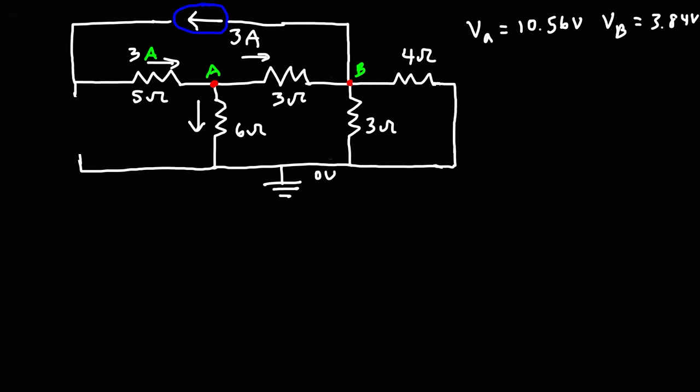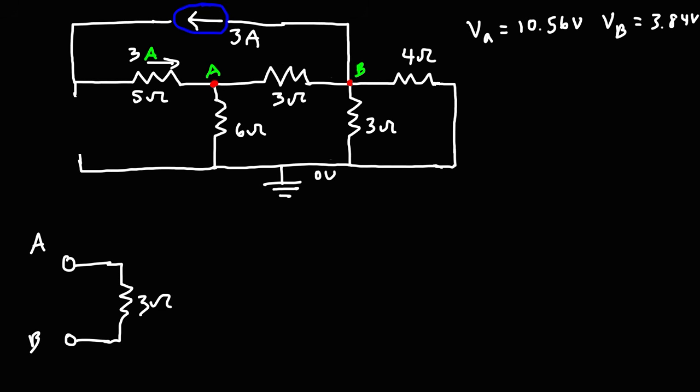So in order to determine the equivalent resistance, we need to redraw this circuit. So it's starting from point A and it wants to get to point B. Now between point A and B, we have a 3 ohm resistor. So that's one path going from A to B. It could just go through the 3 ohm resistor.